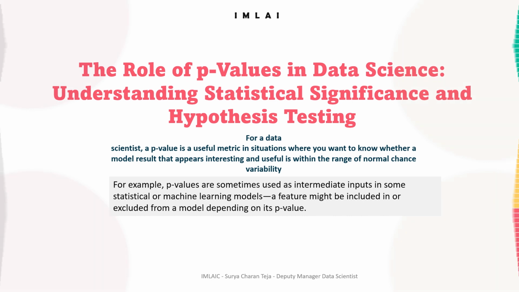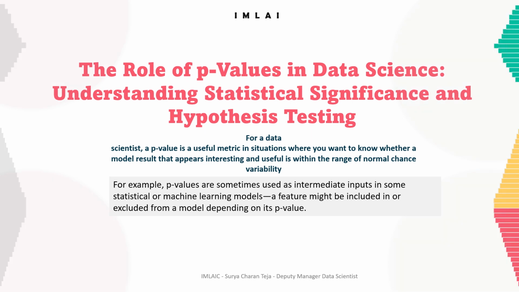However, it's important to note that p-values should not be used as the sole criterion for making decisions. Rather, they should be used as one of many pieces of information that data scientists take into account when making decisions. For example, if a model result has a low p-value indicating statistical significance, it might be more likely to be included in a statistical or machine learning model.